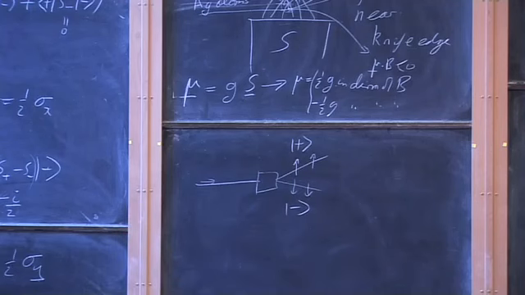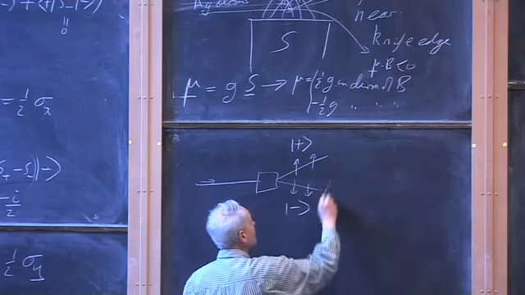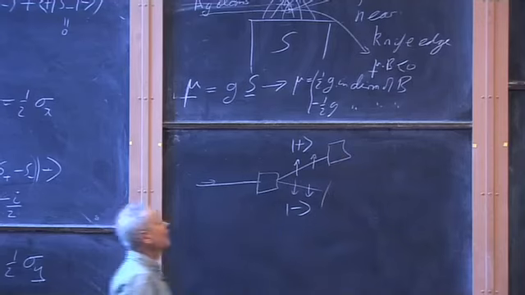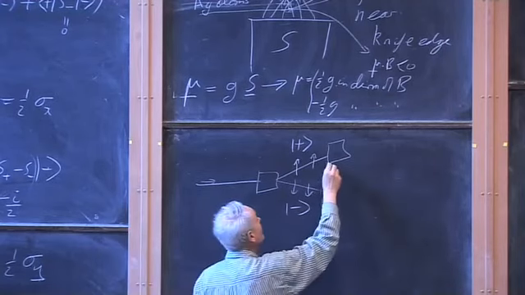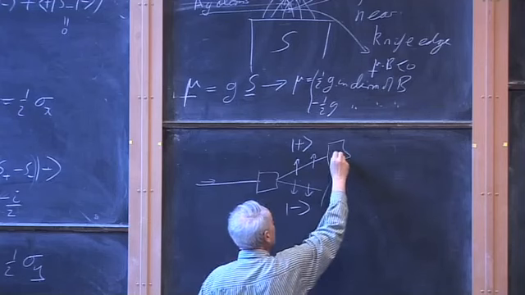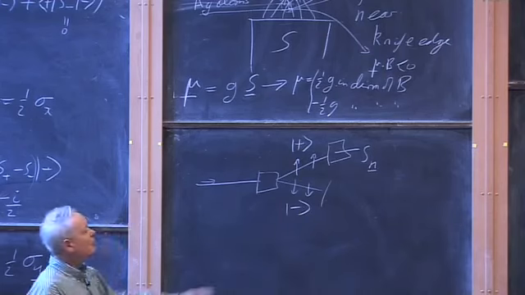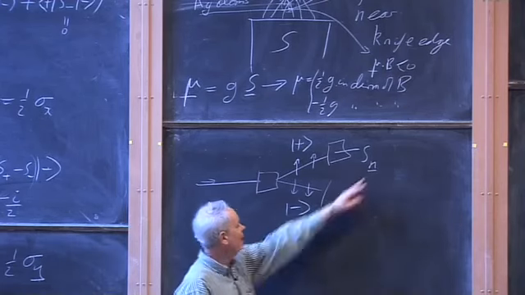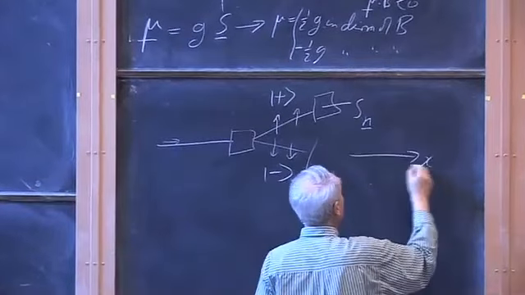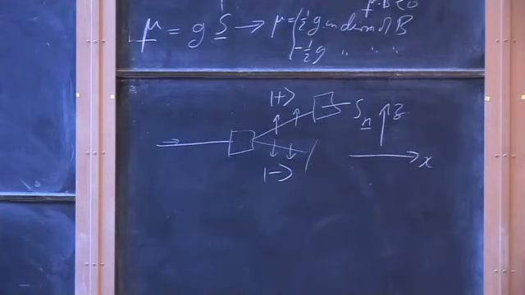And now you can play some entertaining games by installing another Stern-Gerlach filter. So let's just block these off, stop them being a nuisance. Stick in another Stern-Gerlach filter here, and now let's measure S sub n. So let's measure the spin along some unit vector n, and we're going to have this be the x direction, this be the z direction, and the y direction will have to be out of the board, all right?